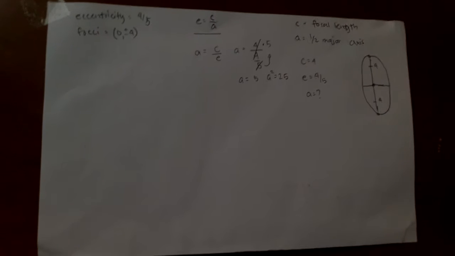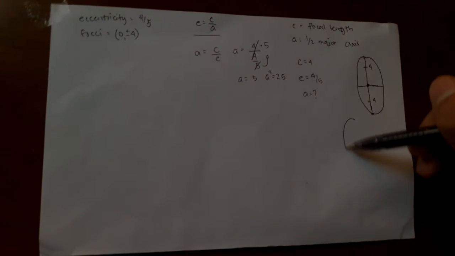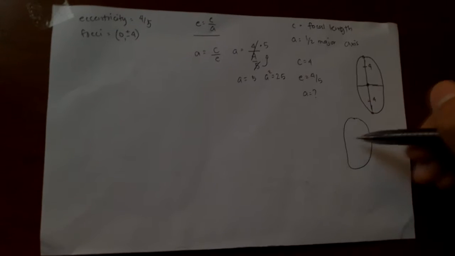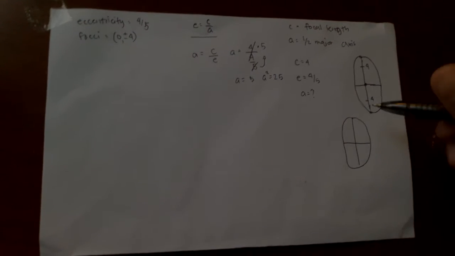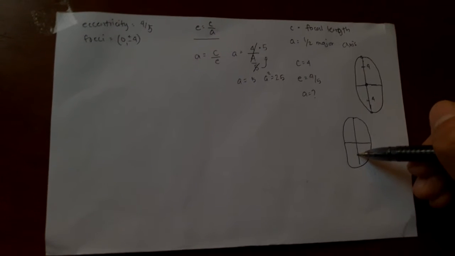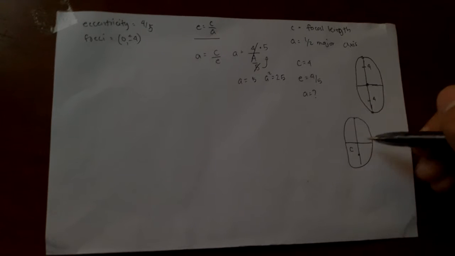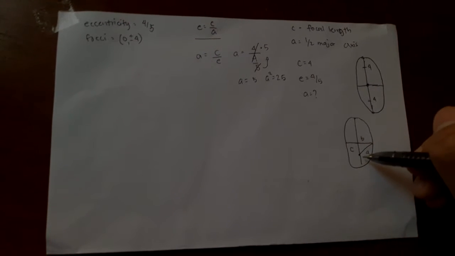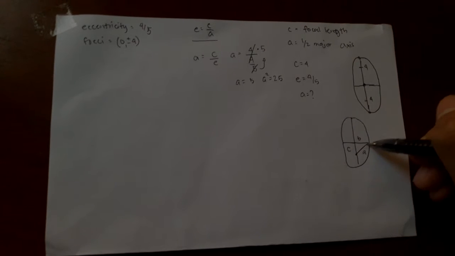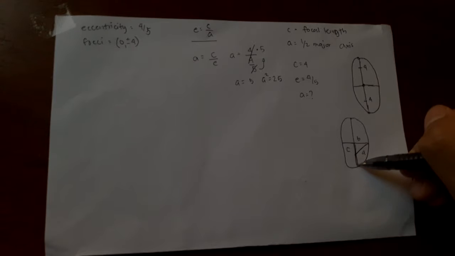Now, to find the B squared, you have to follow this rule. So this is the ellipse. This is the C, or the focal length. This is the A and this is the B. This line is equal to this line.